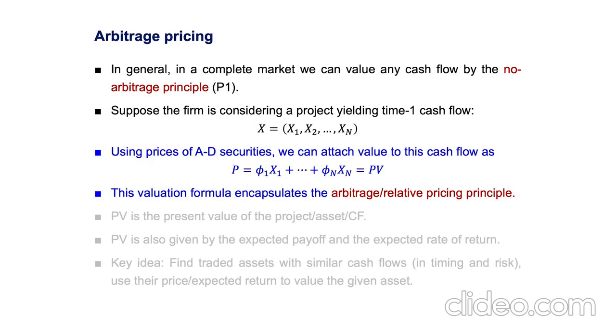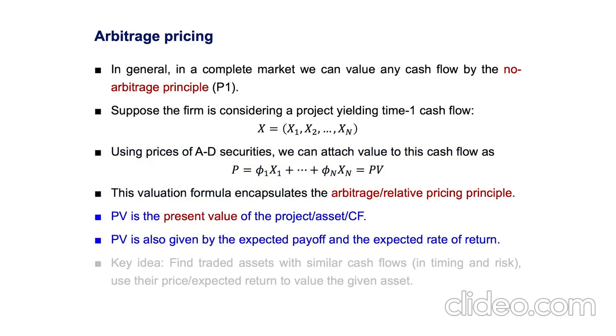Its value should equal phi 1, the state price in state 1, times X1, its payoff in state 1, plus phi 2 times X2, and so on. That gives the current market value of the project or the cash flow. This valuation formula encapsulates the relative or arbitrage pricing principle, which we're going to be using for our future analysis.